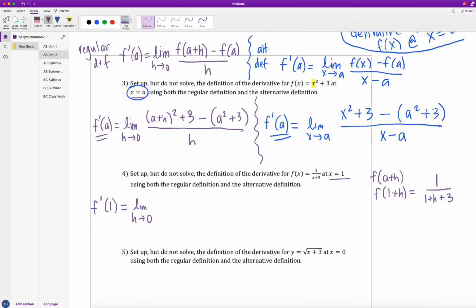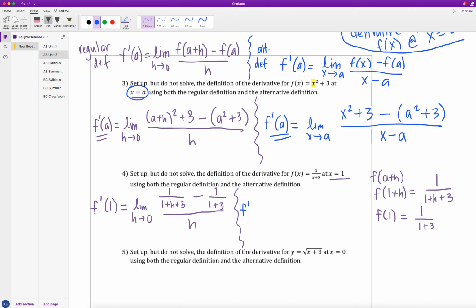So in that first part of our limit, I'll have 1 over 1 plus h plus 3, which of course you can simplify down to be 1 over h plus 4 if you want to, minus I'm going to need my f of a, which would be our f of 1, and that will come by substituting 1 in for x and getting 1 over 1 plus 3 all over that h value. And again, you can simplify and combine those like terms in each of those fractions just to make it look a little bit nicer.